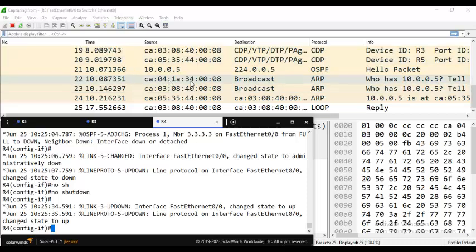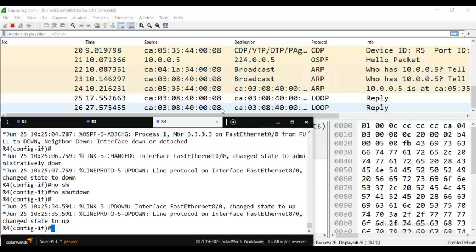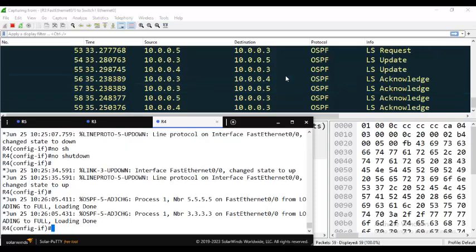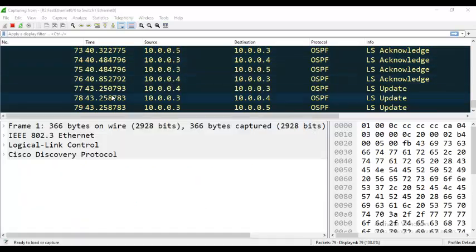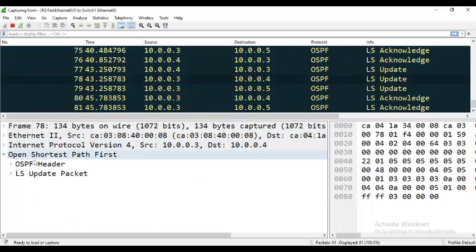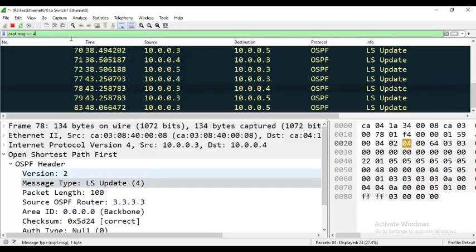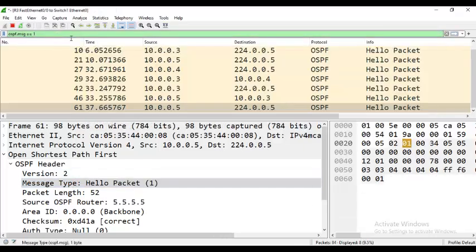Now let's see the hello packets. All the hellos, no, from 3 to 4. A unique hello is going. How come? Router 3. Show run section router OSPF.